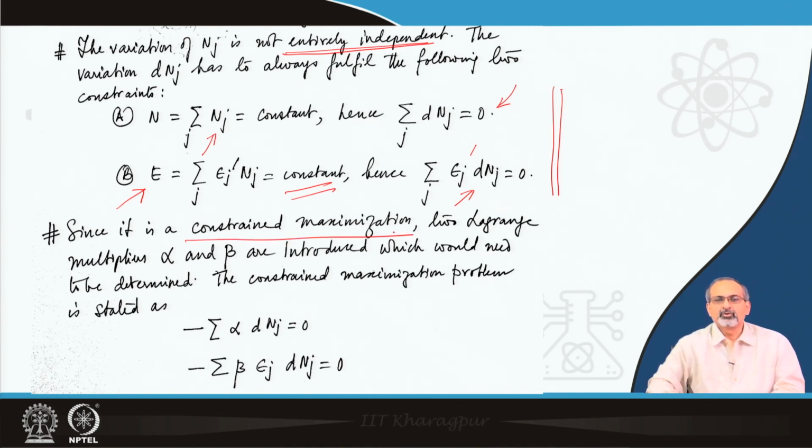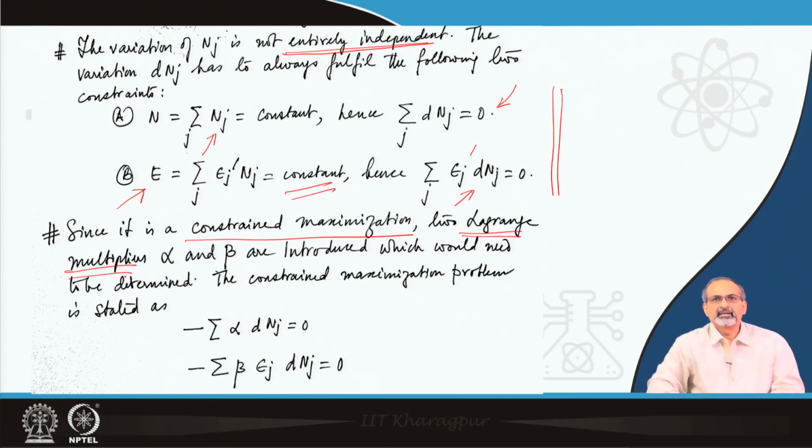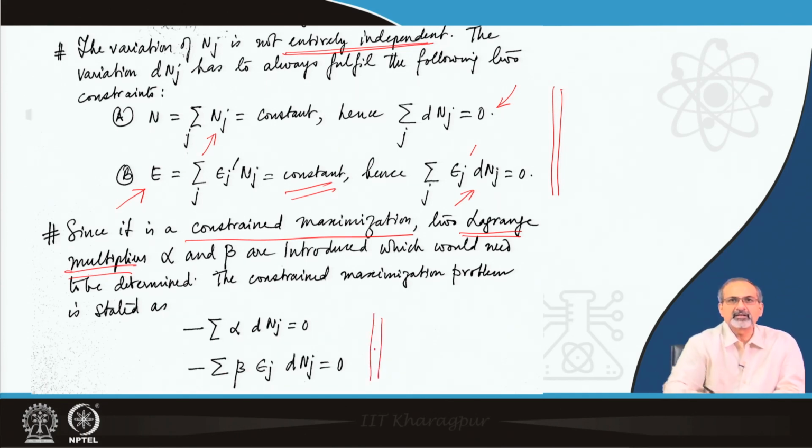And the most elegant way of solving such a problem is to introduce Lagrange multipliers. In this case, you need to incorporate 2 multipliers, because essentially you have 2 constraints to handle, and the constraint equations are now basically multiplied with the Lagrange multipliers introduced inside the sigmas.